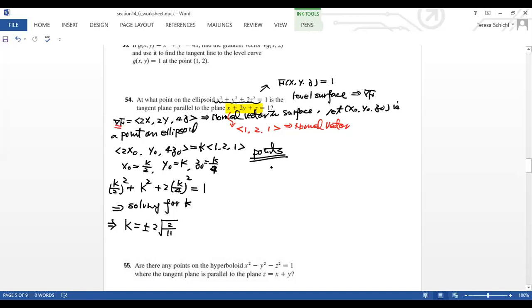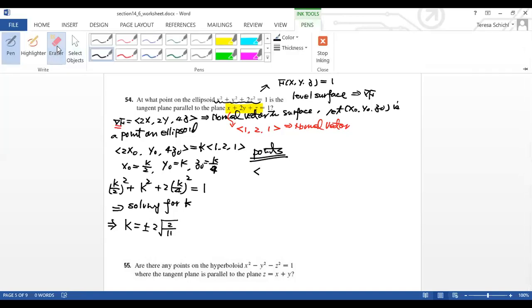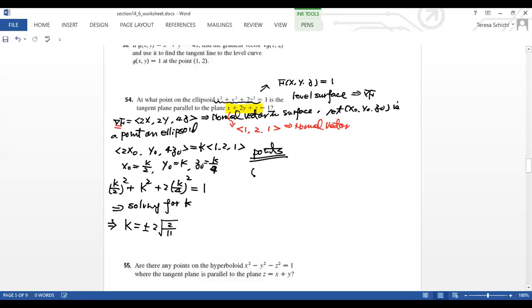So when k is positive, x0 is not a vector, here is a point. I just substitute here.